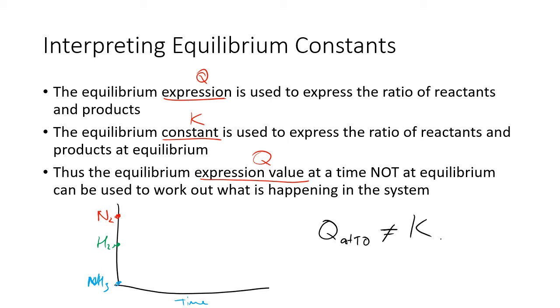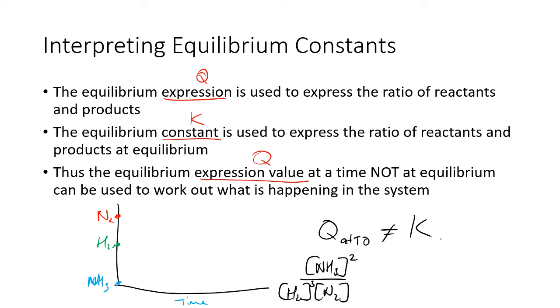So if the Q at time 0 is not equal to K, which means it's not at equilibrium, we can use that Q value. And remember that Q value is just the concentration of NH3 over H2 and N2, and then don't forget the coefficients.